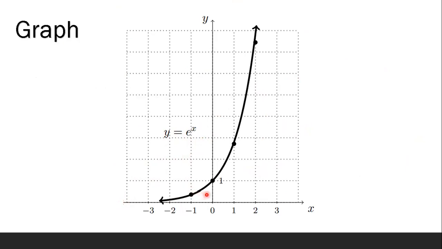And we will have the same observation that as x approaches 0, from the left, our f of x, or our y, approaches, or is getting closer and closer to 1. And that is how we show the graph.